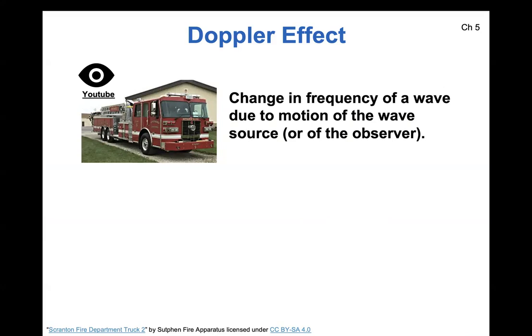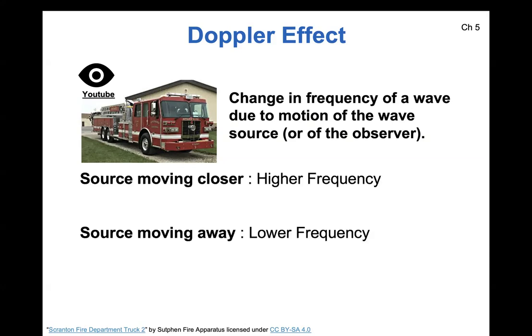So if you have a siren moving at constant velocity towards you, passing you, and then moving away, it would be something like this, right? High pitch on the approach, sudden transition, low pitch. So that's a good demonstration of the Doppler effect with a wave, in that case a sound wave. So moving closer, high frequency, shifted to higher frequency.